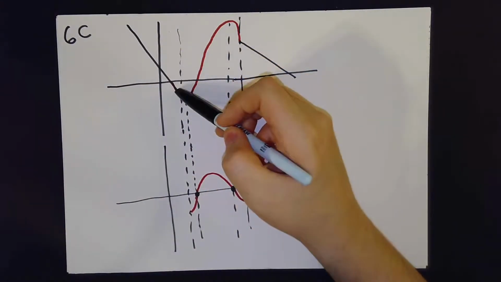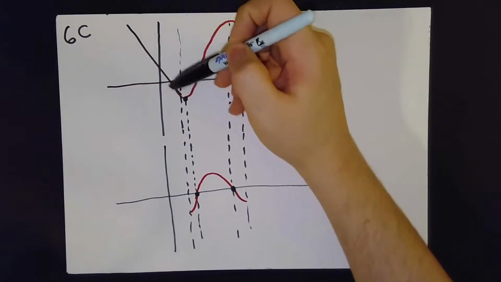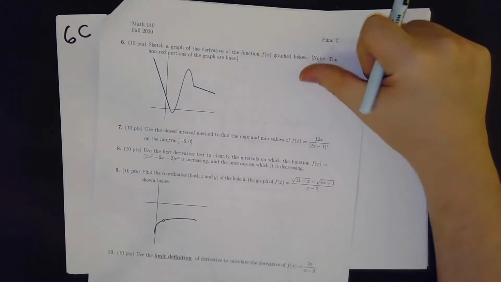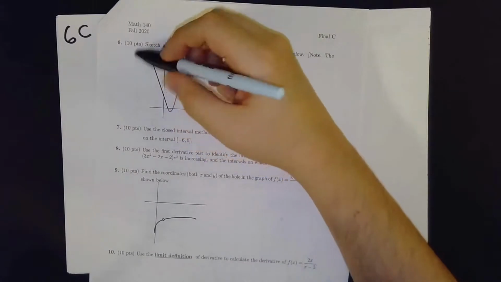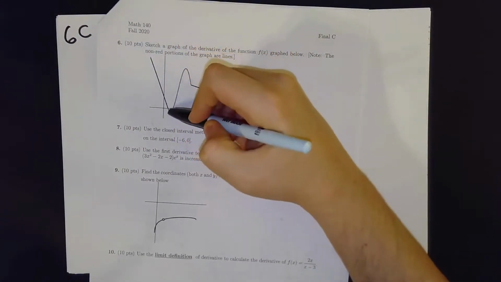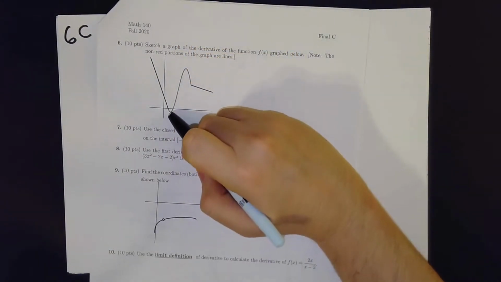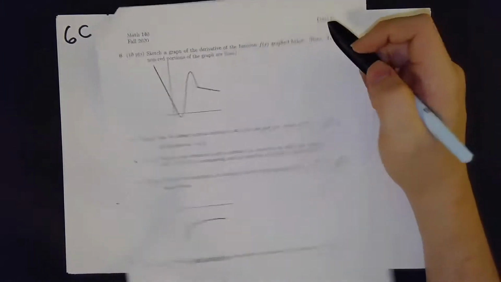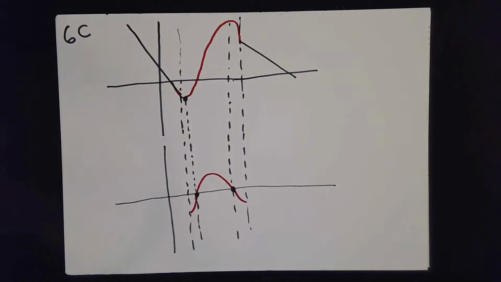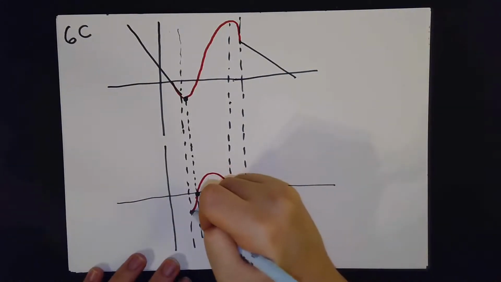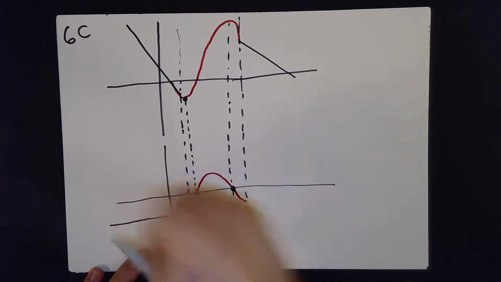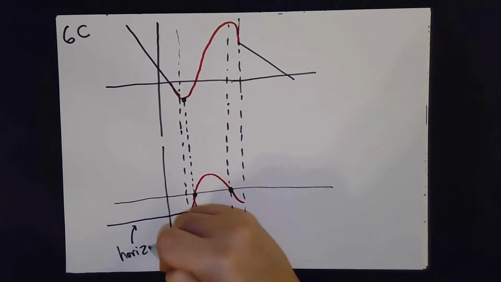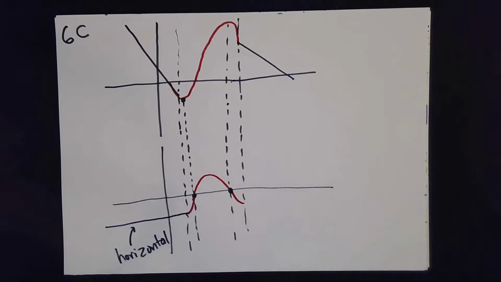Now, if you notice the way I sort of drew this, or maybe better, look at the original picture, the slope of the black line blends perfectly into the slope of the red part of the graph. So those slopes actually match. So that means when I go to draw this derivative, I need to go and draw something over here. This is supposed to be horizontal. It doesn't look that horizontal, but we'll pretend that it's horizontal.